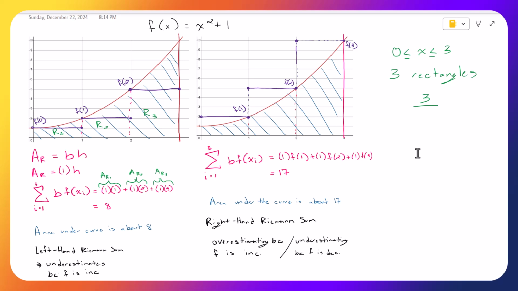This is going to give us our base, which our new fancy word for this, if you remember when we did derivatives, I also used this, is delta x. And in general, our delta x is going to be equal to our x distance divided by our number of rectangles.